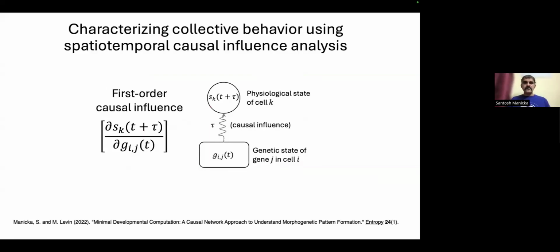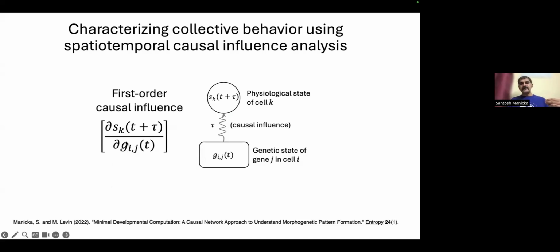But what I want to focus on is to understand how this model works, because I showed you a complicated looking system that has these local connections and many different parameters. But when we do this causal network analysis, where we keep track of how the activity S of a cell K changes at some point in time, given the state of gene G in some cell at some point in the past, then it's a first order causal influence.